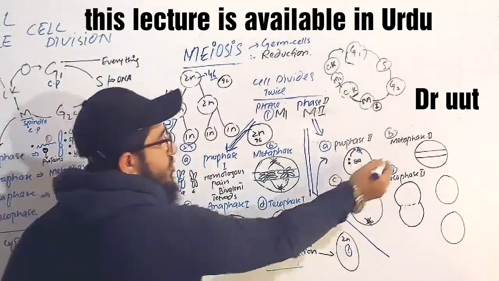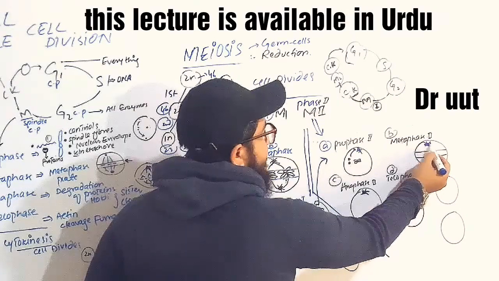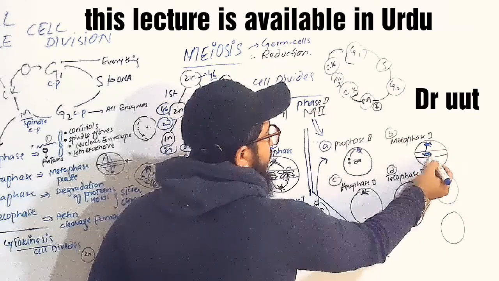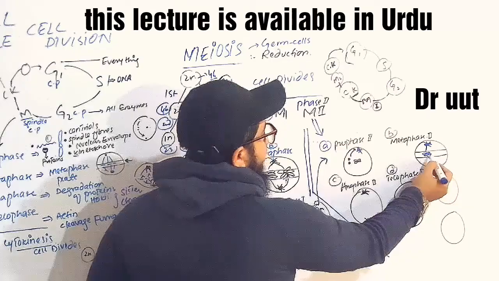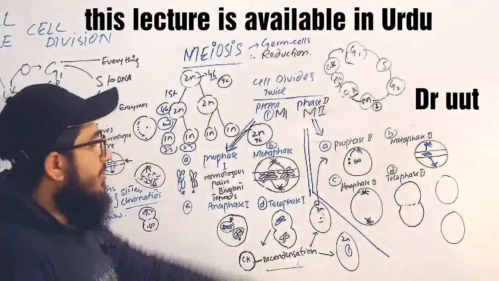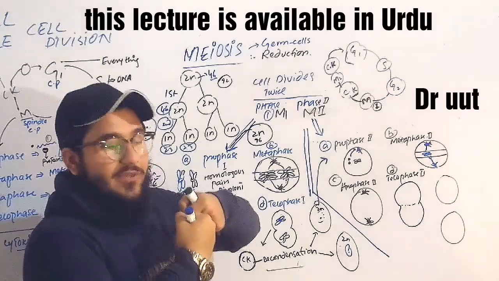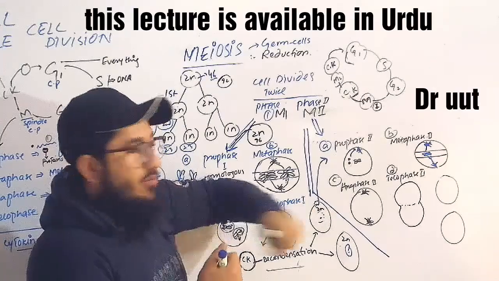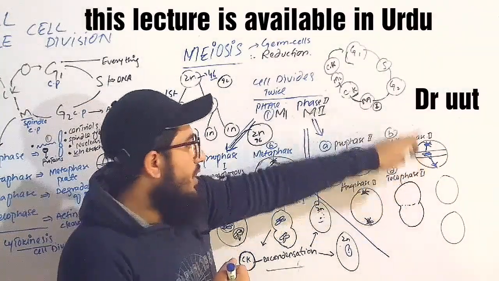And in the metaphase 2, the centrioles complete the spindle fiber formation, and they will hold the chromosome like this, and they will start the stretching of the chromosome. One centriole will try to move the chromosome to its side, another will try to move this chromosome to the other side.